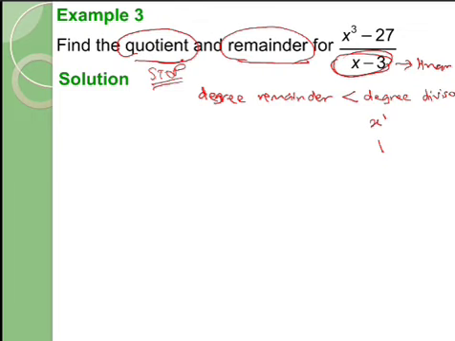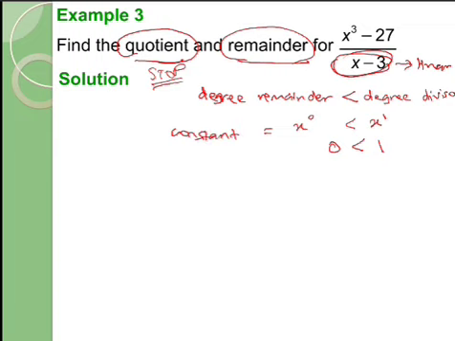Can you guess what will be the degree of the remainder for this question? Well, the degree of the remainder must be less than the degree of the divisor. Not equal, but it must be less than. So what is the degree less than degree 1? Of course, less than 1 is 0. So that means the degree of the remainder would be x power 0, or is actually a constant.